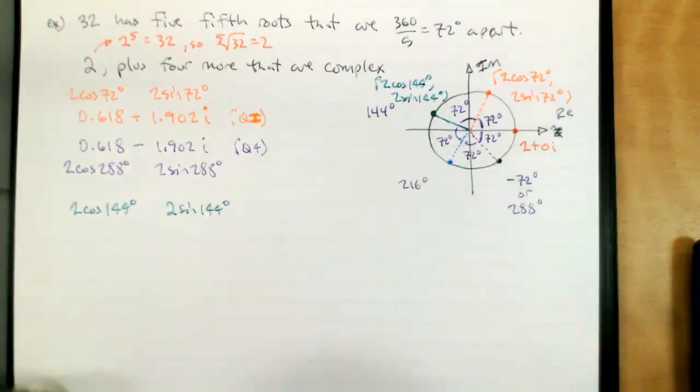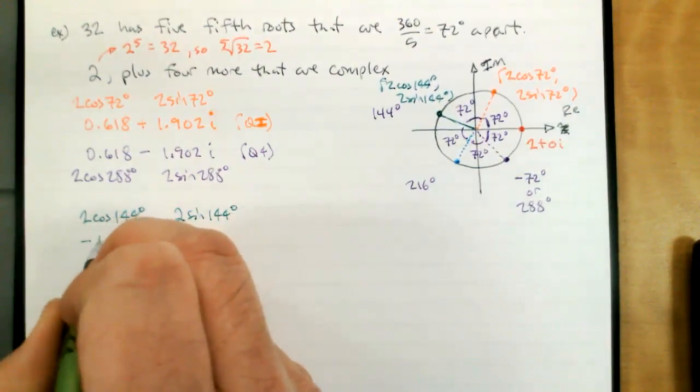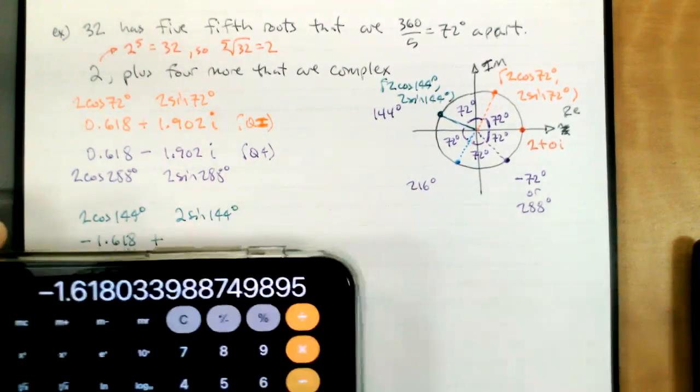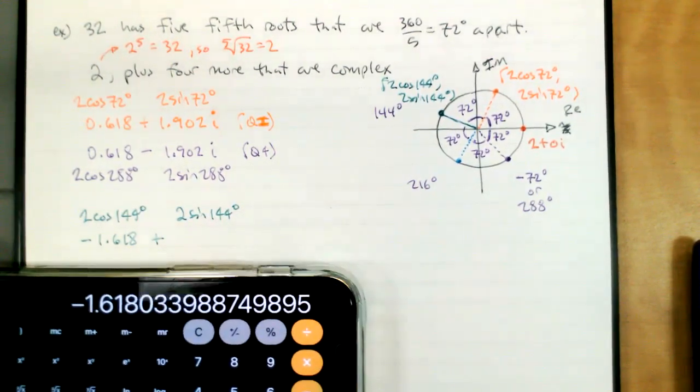We're in quadrant 2, the x-coordinate is negative, and we're going to get a positive y-coordinate because sine is positive in quadrant 2.